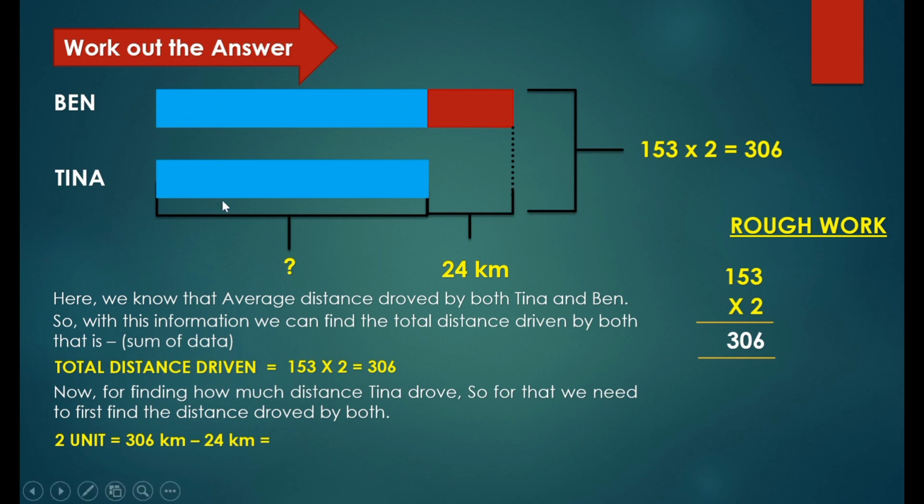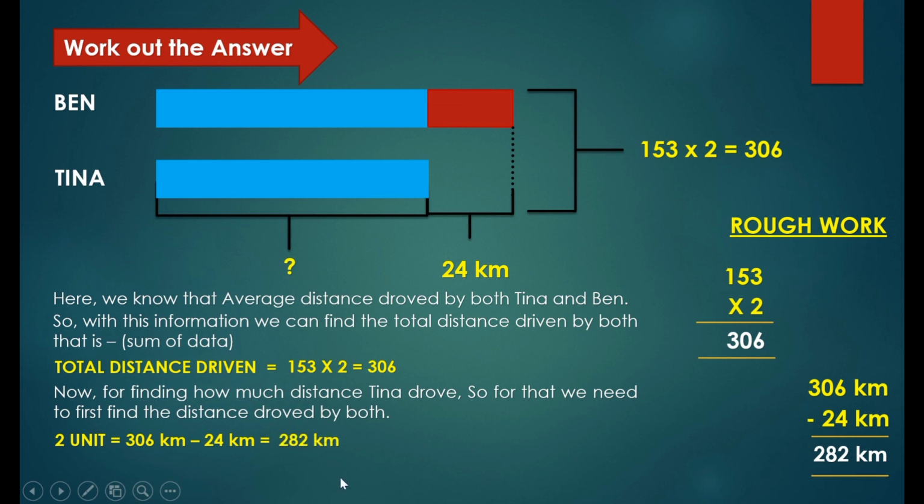Because you have already got the total distance covered by these 2 persons, and Ben has already driven more distance, that is 24 kilometers. So you need to subtract: 306 kilometers minus 24 kilometers. When you subtract, you will get 282 kilometers.